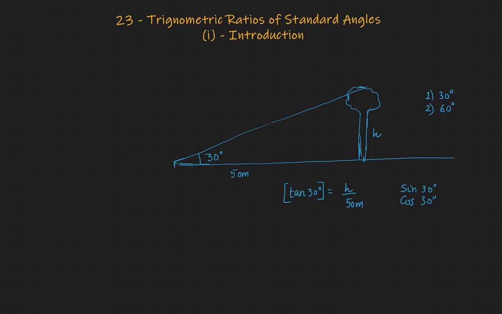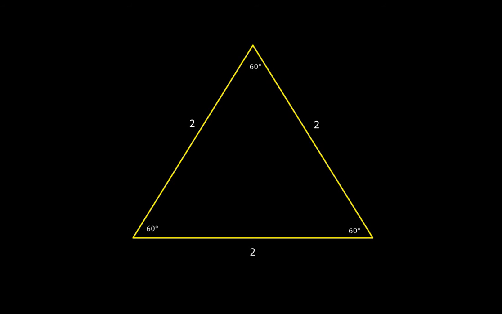So let's get started. Here is an equilateral triangle of side 2 units each, and all the angles of an equilateral triangle are 60 degrees. Let's draw a perpendicular from one of the vertices to the base, and as we know, this perpendicular splits the side into two equal parts, and also splits the angle into two equal parts.